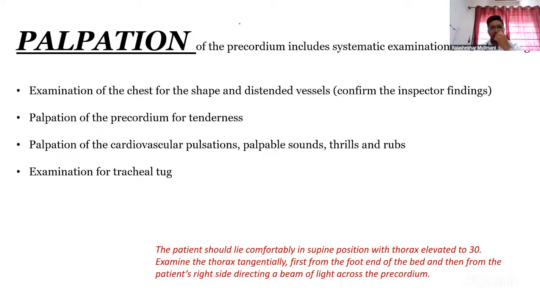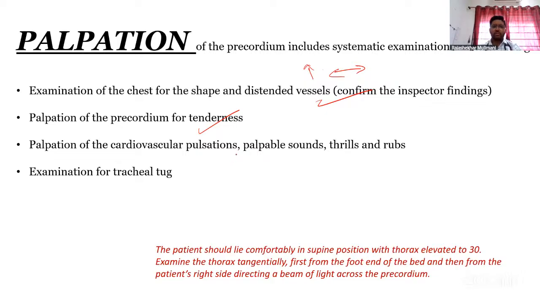Whereas in palpation, you need to confirm the inspectory findings. For example, if there are dilated vessels, especially veins, you need to decide the direction of the flow. Those are all mandatory. And next, you need to check for tenderness, local rise of temperature, and all these things.